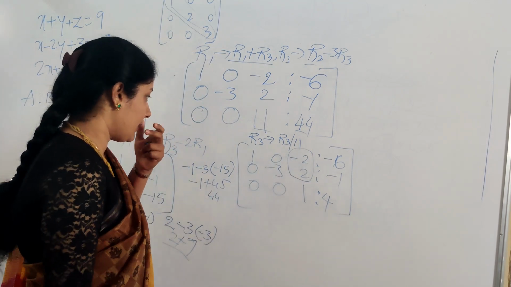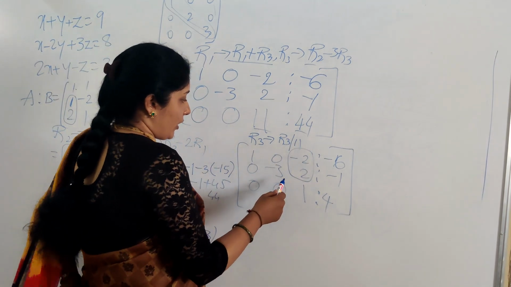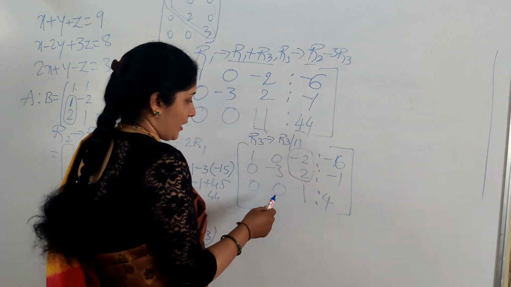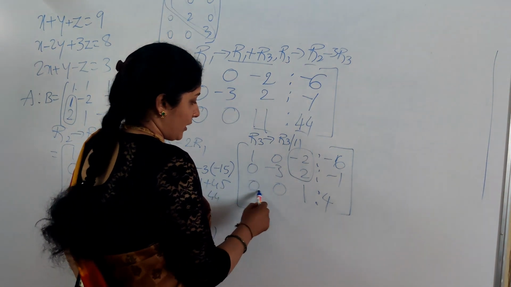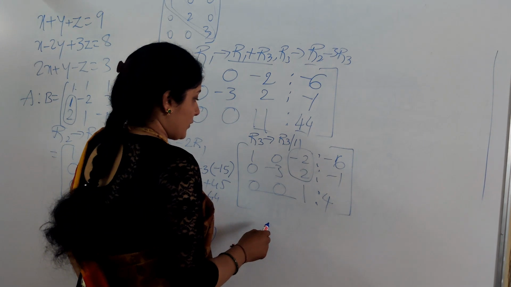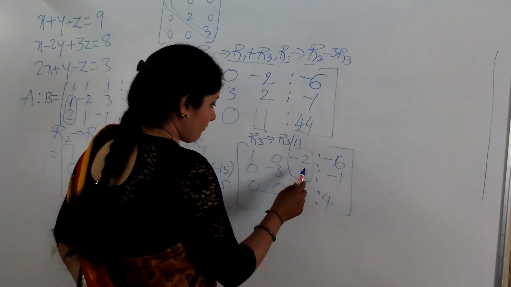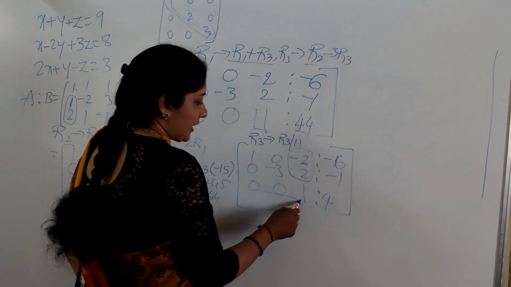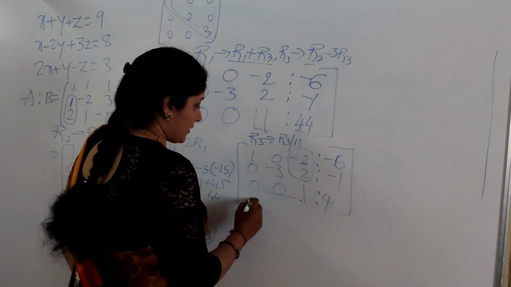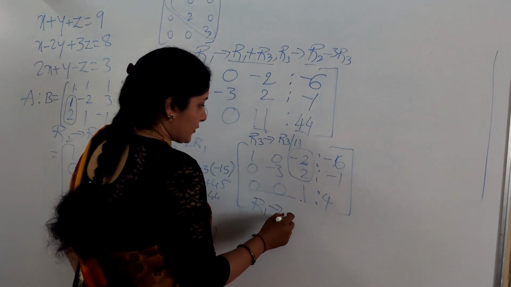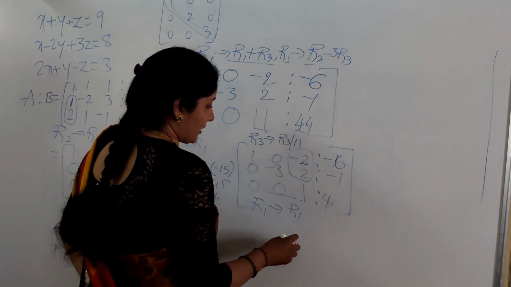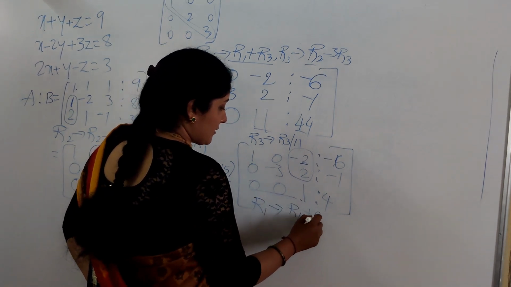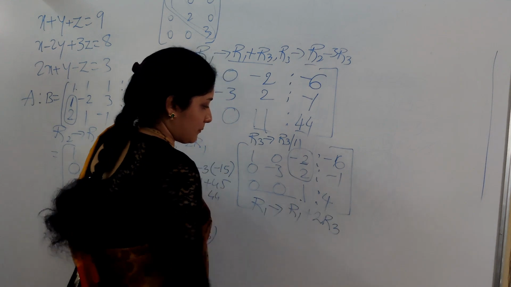How can we do it here? See, for R1, we have to go for R3 only. Here, minus 2 plus 2 can become 0. Therefore, R1 has to be R1 plus 2 R3.